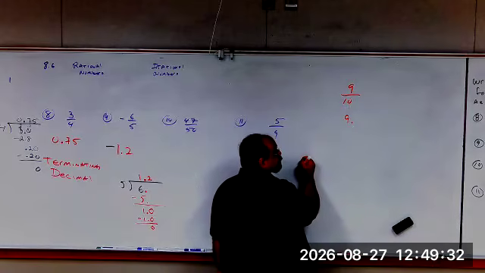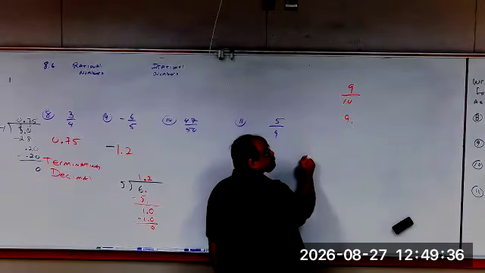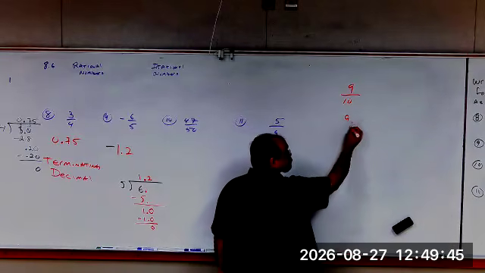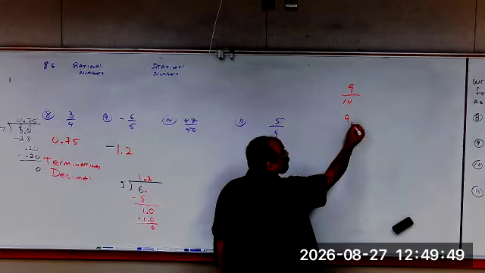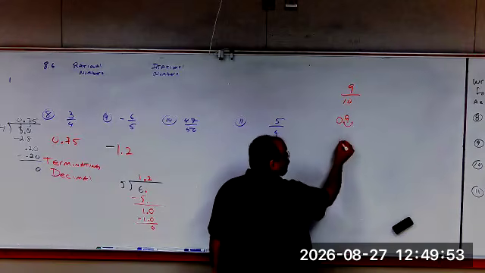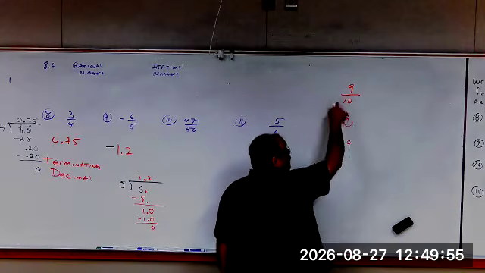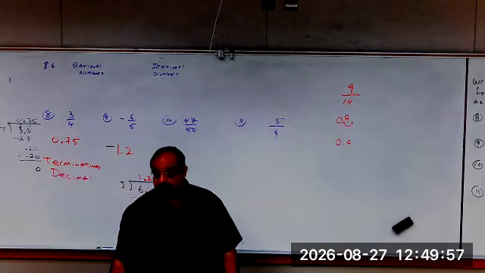Anytime we divide by 10, we're just moving the decimal. So I'm going to move the decimal how many times, and which way? Left, how many times? Once. This is 0.9. 9 tenths, 90 cents.